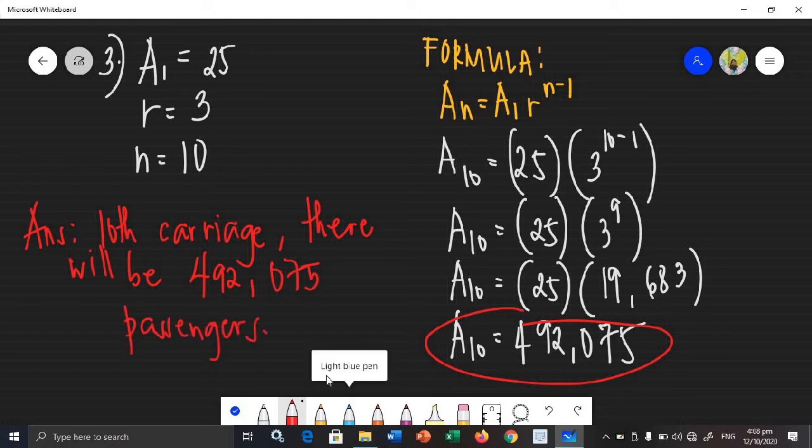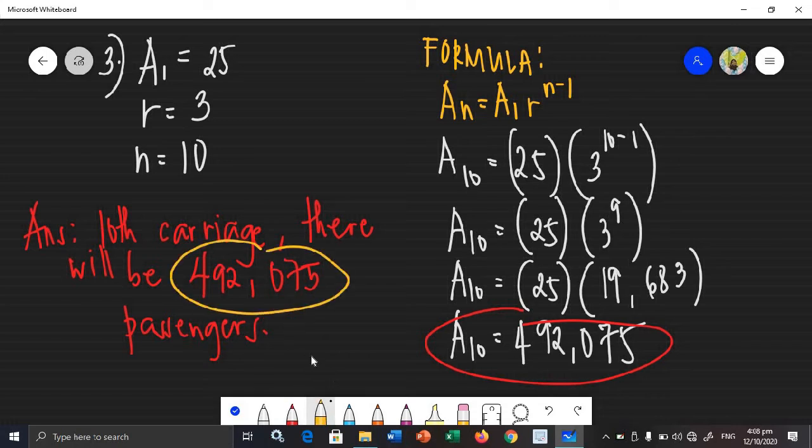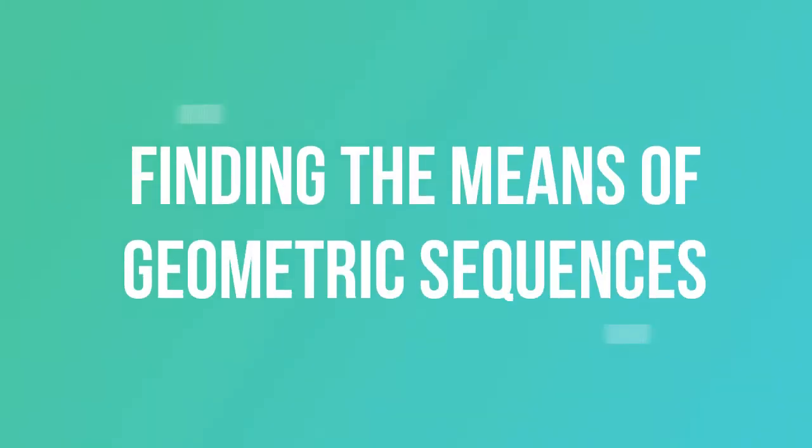The 10th carriage hasn't arrived yet, but we already assume, because according to the problem, the sequence of passengers is the same as a geometric sequence. So, therefore, when the 10th carriage arrives, the number of passengers will be 492,075. So, that's how you find the nth term of geometric sequences.